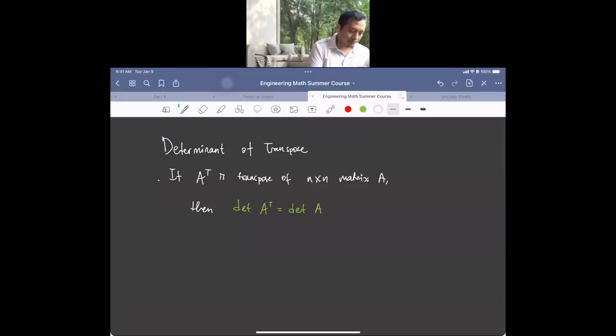And then another property is, if any rows or columns of an n by n matrix are the same, if they have the same, then the determinant of that matrix will be 0.